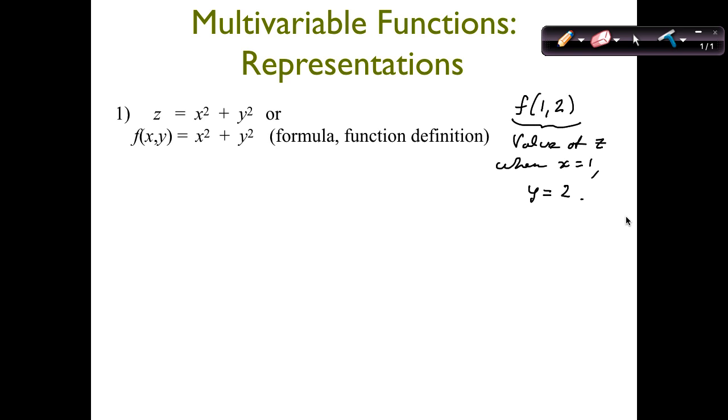Now, if you wanted the value, you could find it, and it is 5. But by itself, it's perfectly content to stay looking like that and not be calculated. Okay? So this is the first way to represent multivariable functions, using a definition. And with definition, we have this very, very powerful tool of function notation to represent values of the dependent variable.